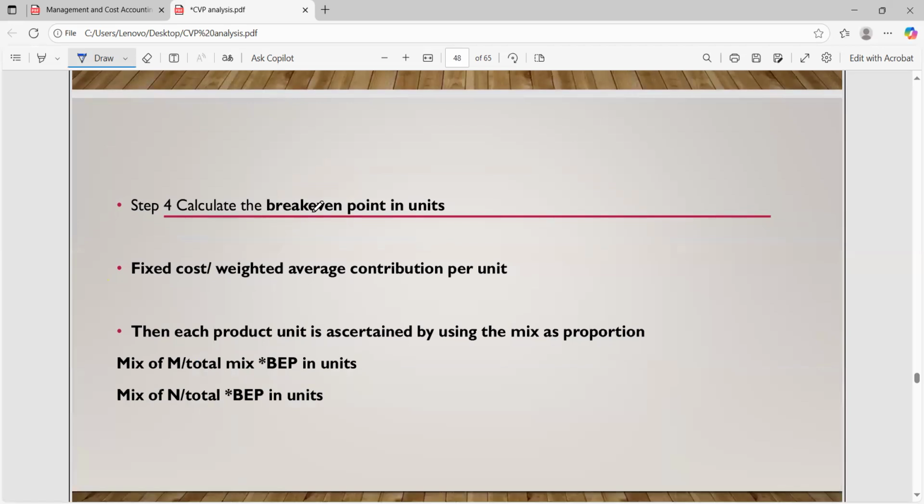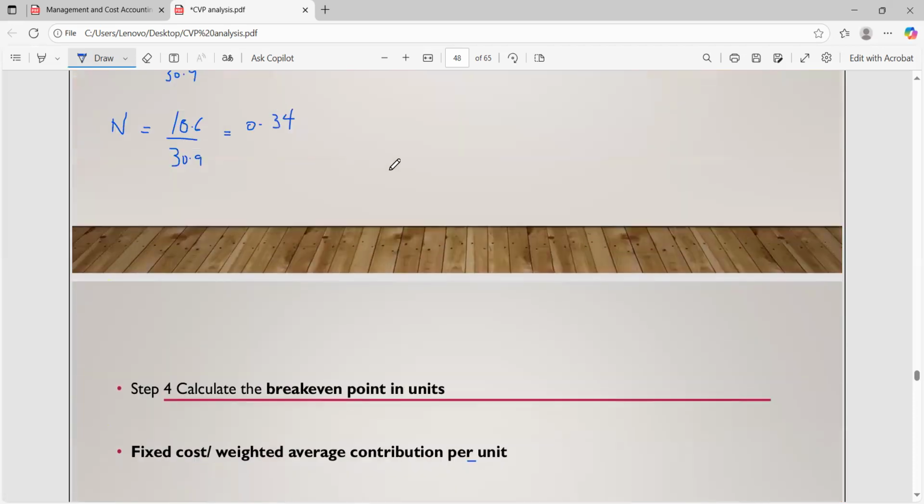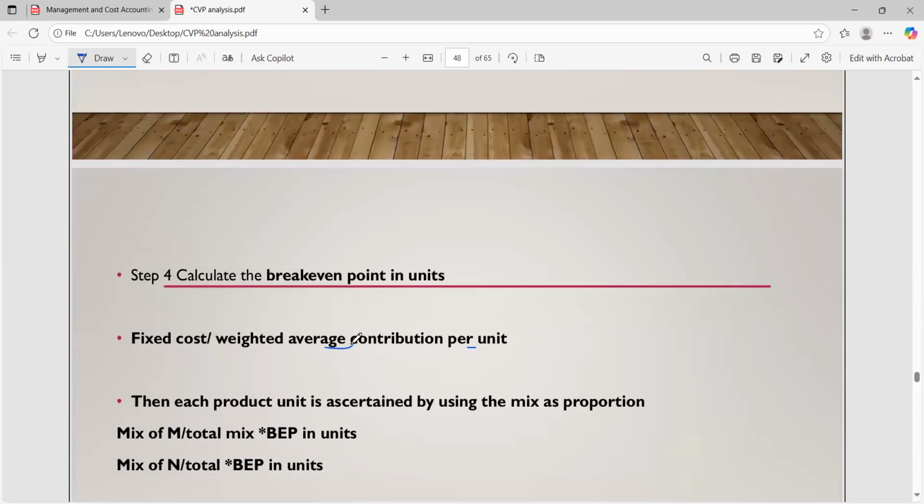So we now find a break-even point in units. That is finding the fixed cost over your weighted average contribution per unit. So then each product will be multiplied by their mix divided by their break-even. So let's go and find the contribution.